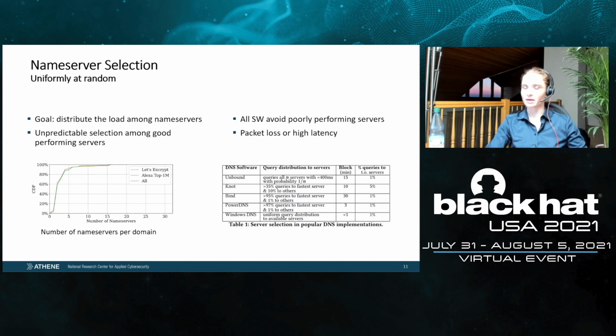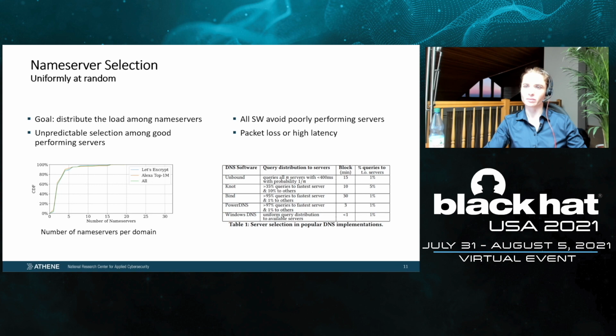These name servers are avoided even for a long period like 15 minutes. Afterwards, the VAs will probe these name servers again to see if the performance improved, but for 15 minutes it is blocked. We found this behavior to be identical to Unbound DNS software, and that is the software that is used by Let's Encrypt.